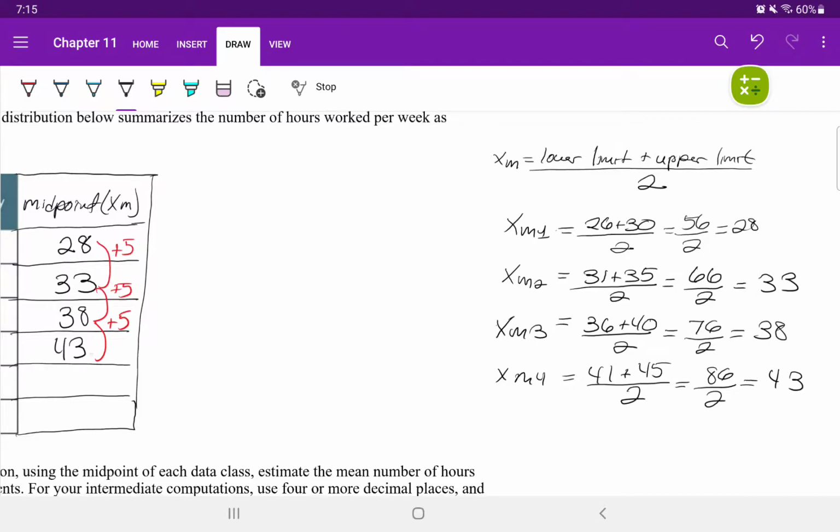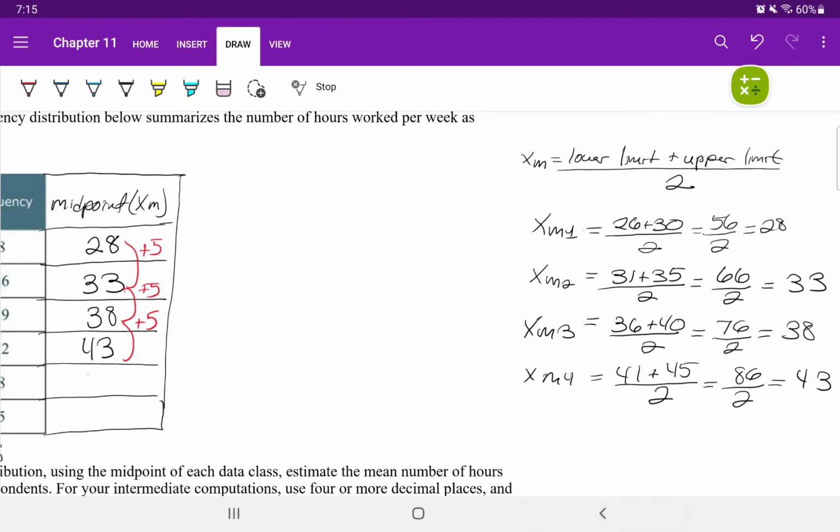Then the next midpoint will be 48. And then the final midpoint will be 53. So you can find two midpoints, notice the distance between those two midpoints, and then continue that same pattern to find the rest of the midpoints. So we're fine. We found all our midpoints.